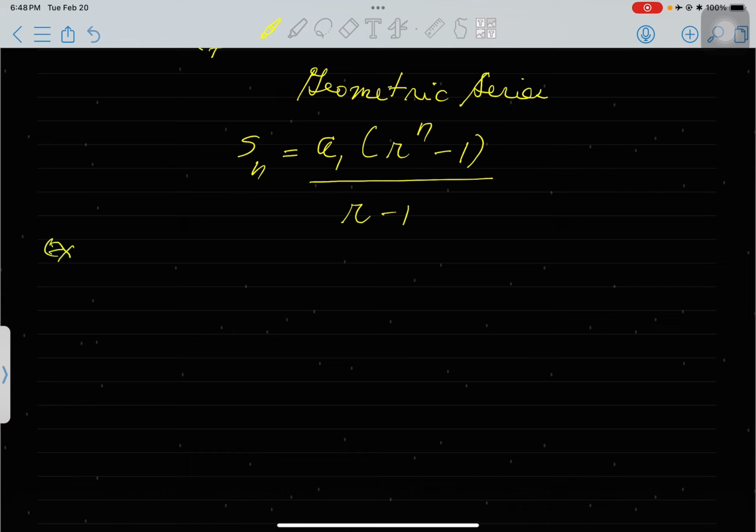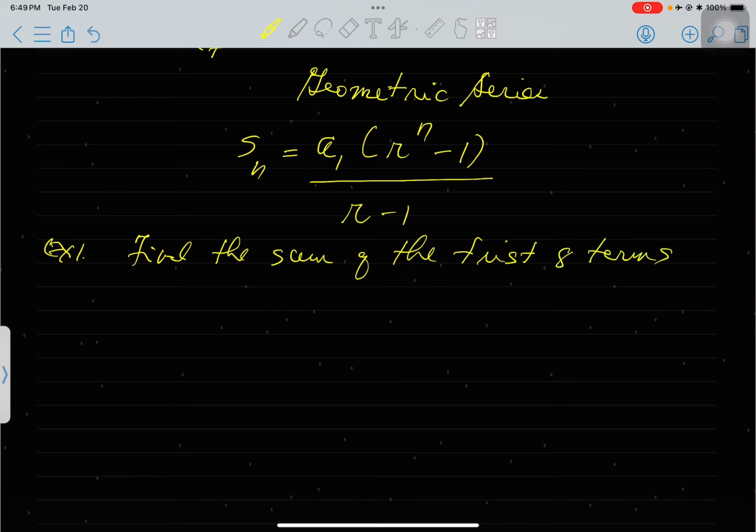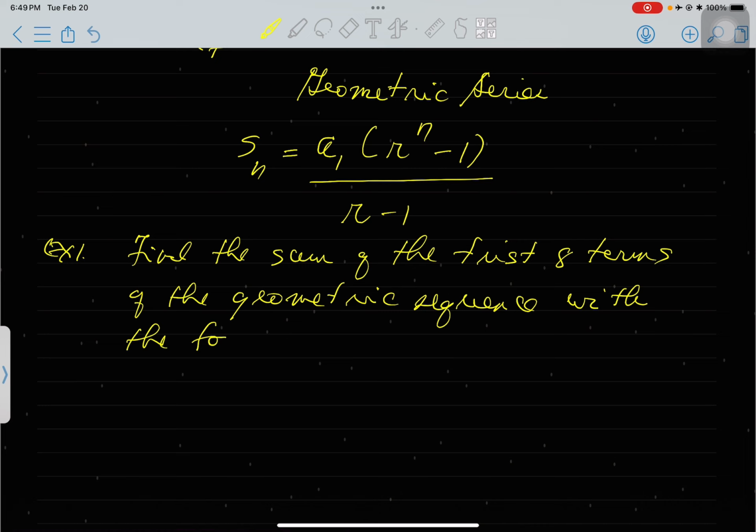Let's have the problem. Find the sum of the first 8 terms of the geometric sequence with the following terms or the following elements.